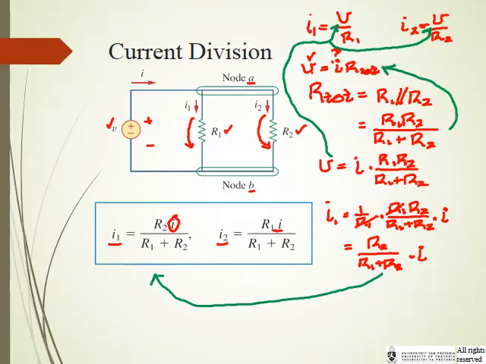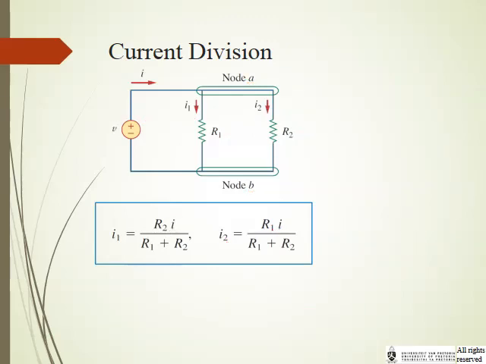Now you can do exactly the same for I2, and there you're just going to be left with R1 over here. This is just going to be R1 that's left at the top. So what do we notice if we get rid of all this scribbling?